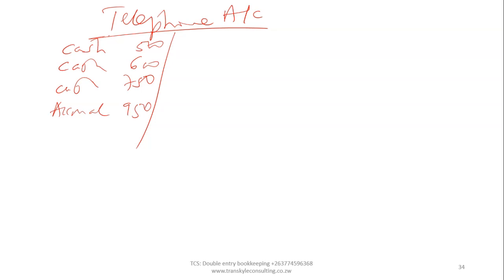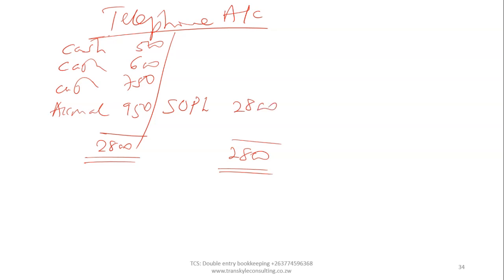950. Alright. So we then have to total up. To total up, we get 2,800. So here we're going to have a statement of profit or loss transfer of 2,800.